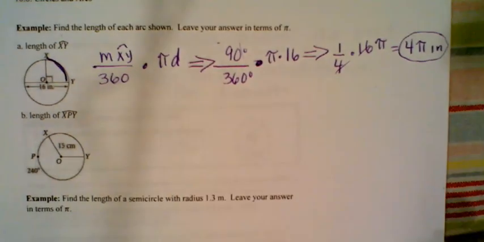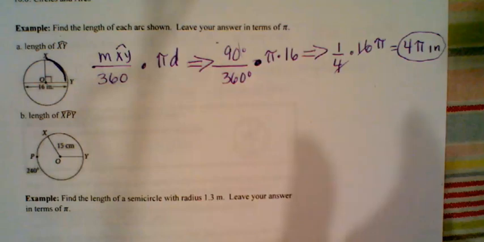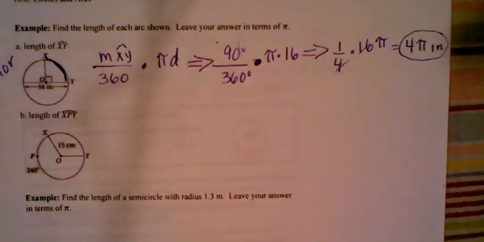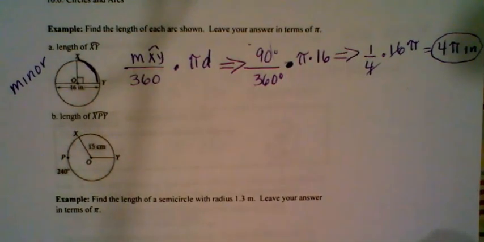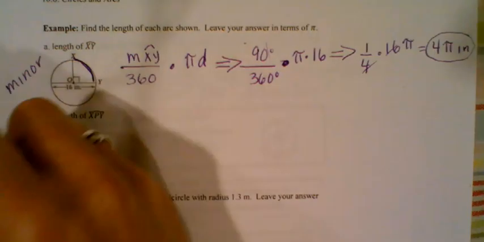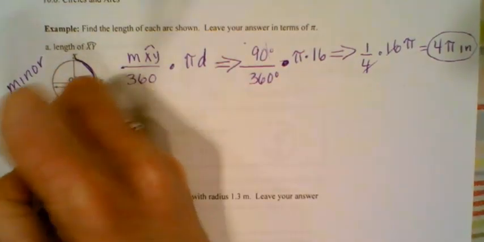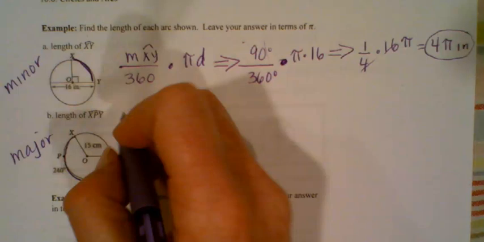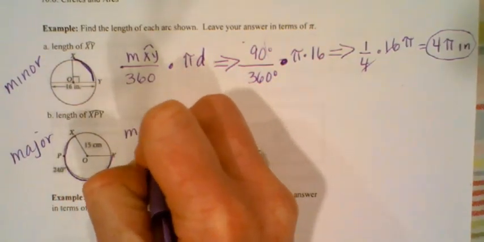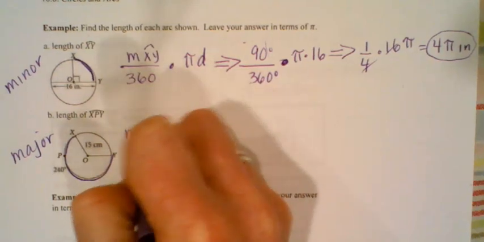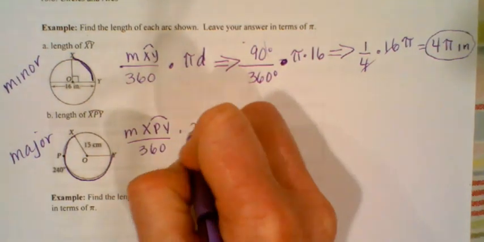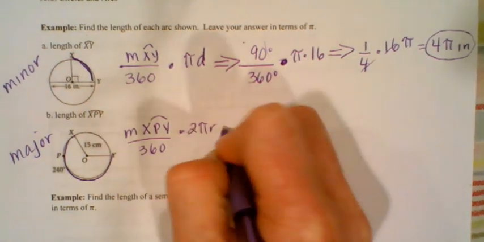Now we're going to find the length of arc XPY. While this was a minor arc, now we're going to find the length of this major arc. So we have the measure of arc XPY divided by 360 times, in this case it's 2 pi r because they give us the radius.